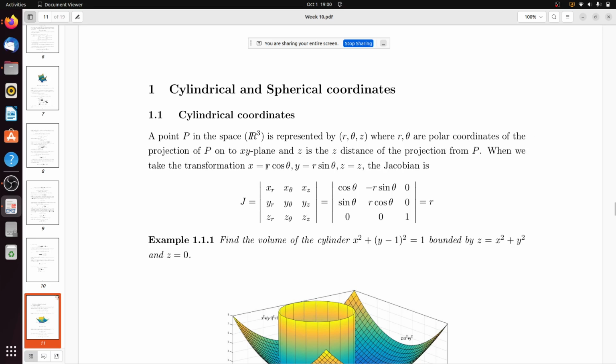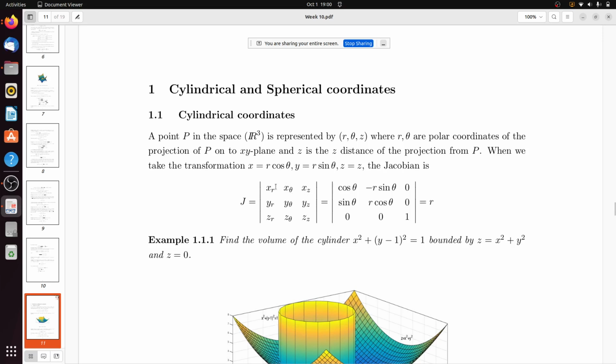When you take the transformation x equal to r cos theta, y equal to r sin theta, and z equal to z, the Jacobian is given by partial derivatives with respect to r, theta and z.